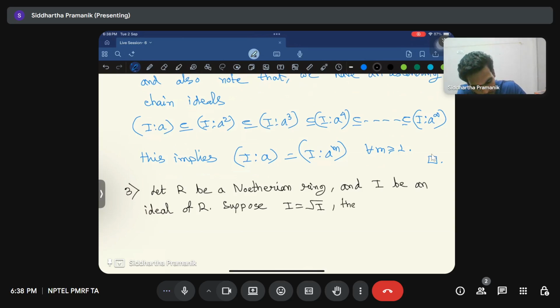Then show that for every A which is in R minus I, the ideal I colon A is also radical.